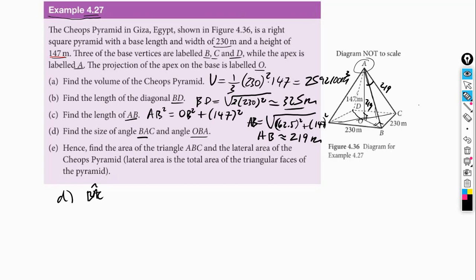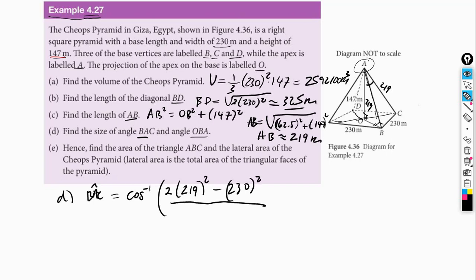So with this, we can find the angle BAC using the cosine rule, because notice that we can say that the inverse cosine of this angle is going to be A squared plus B squared minus C squared over 2 times A times B. So in this case, A and B are the same. That's 219. So it's going to be 2 times 219 squared minus C squared, which is going to be 230 squared.